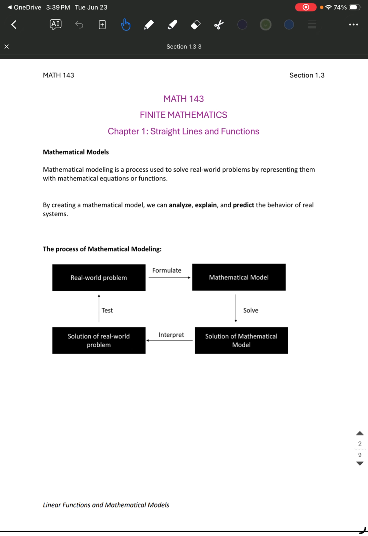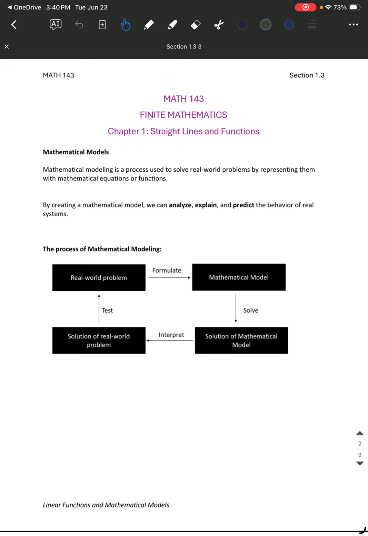A mathematical model is a mathematical representation of a real world situation. Instead of dealing directly with a complicated real world problem, we create equations or functions that describe the important relationships involved in the real world situation.